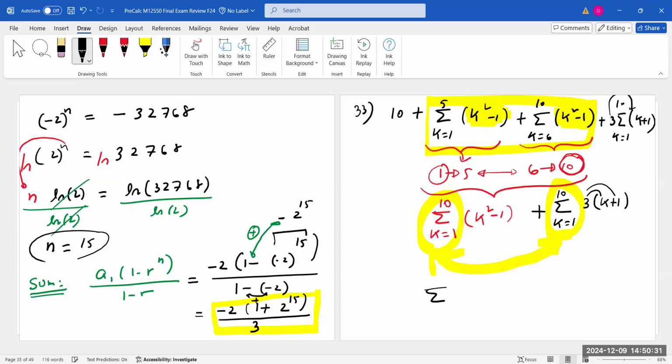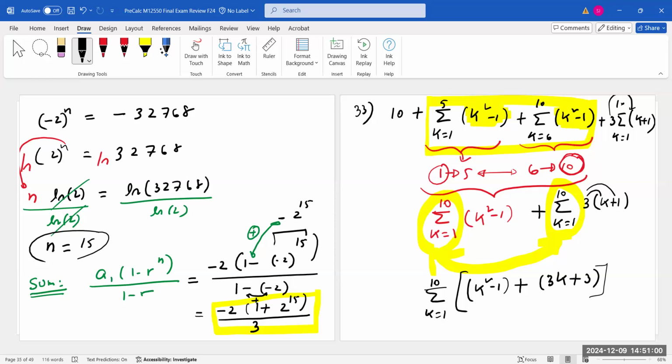We are adding the first 10 terms of the sequence k squared minus 1 plus 3k plus 3.